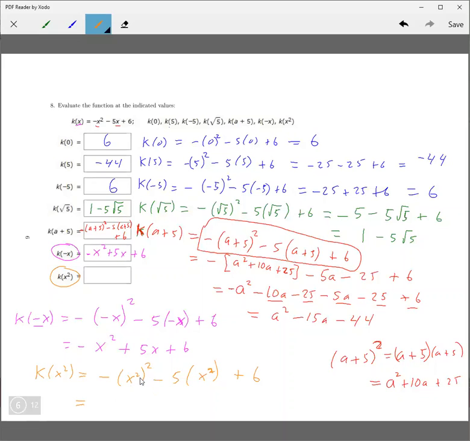When you have a number raised to an exponent, and then that expression is raised to another exponent, you have b to the m times n. So here you have squared, so 2 times 2 is 4. That's going to be x to the 4th. And then, of course, this is just minus 5x squared plus 6.